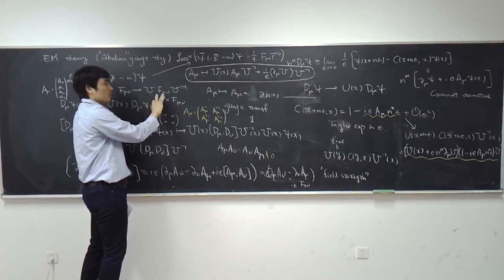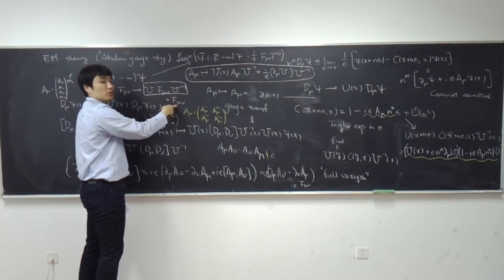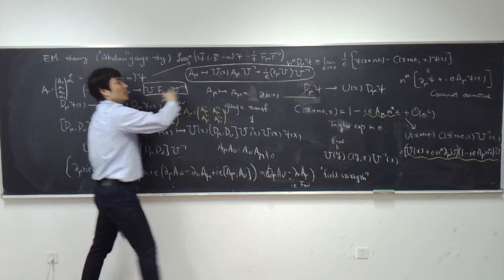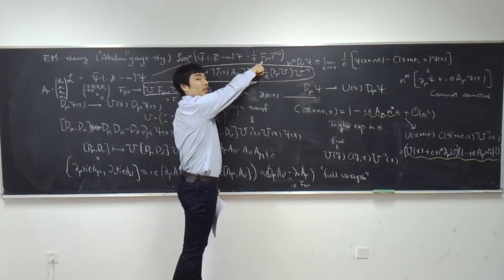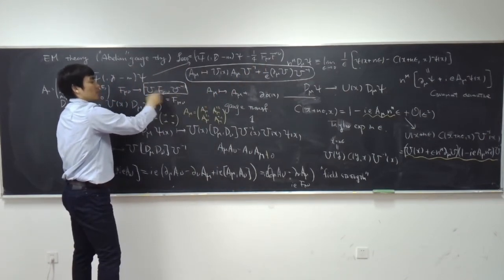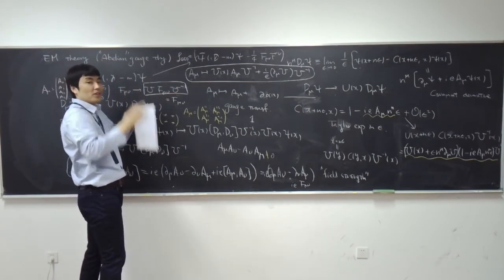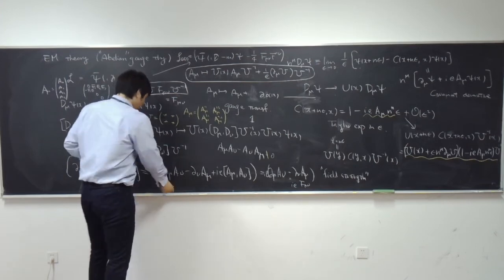So the gauge transformation does not reduce this to F mu nu. If F mu nu is matrix valued, this is no longer gauge invariant because it is still sandwiched by U and U inverse. So you have to be a bit clever.